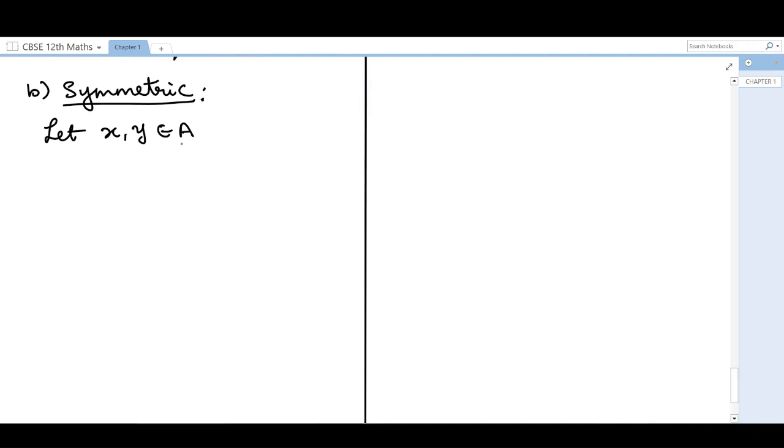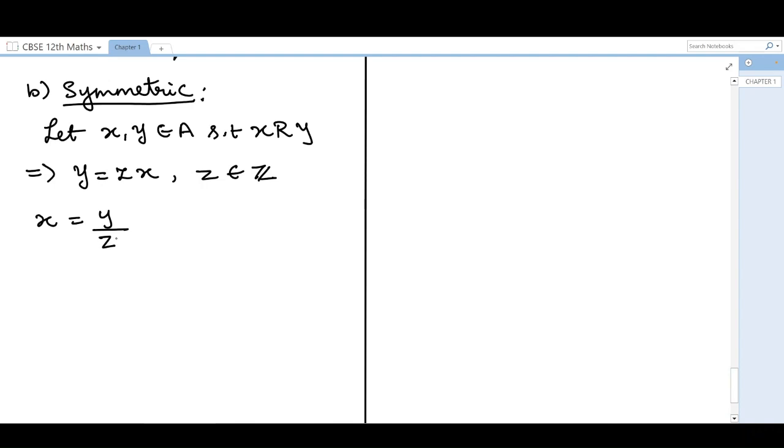So if I take two elements X and Y such that X is related to Y, this implies Y is divisible by X, that is Y can be written as a multiple of X, Y equal to Z into X, where Z belongs to integers. Now what we have to prove is Y is related to X, that is X should be written as a multiple of Y. But from the above condition, X is equal to Y by Z, fine, where Z is an integer.